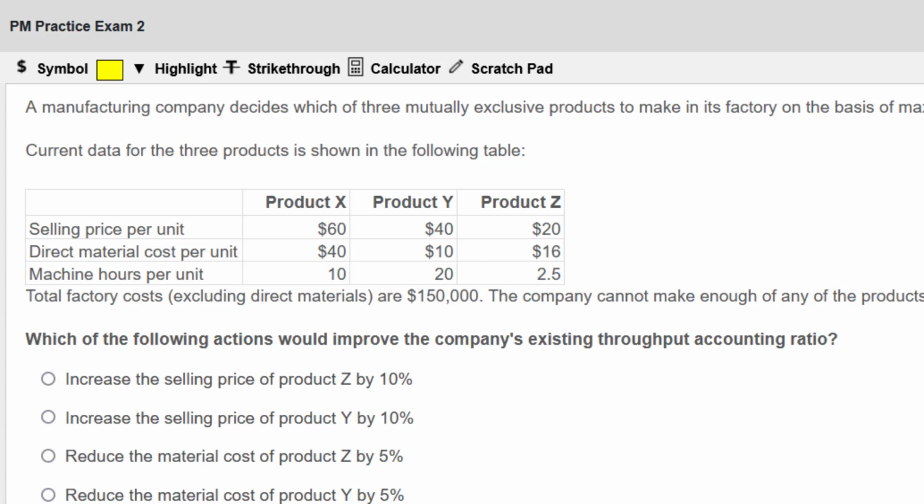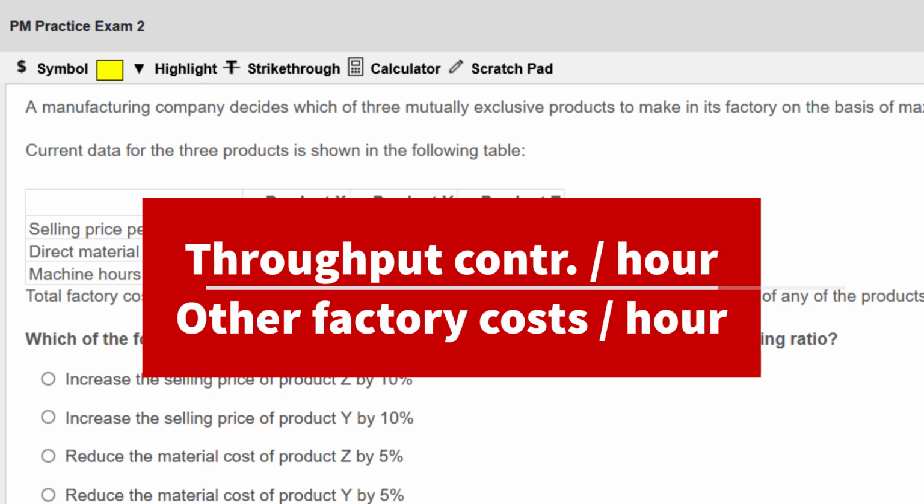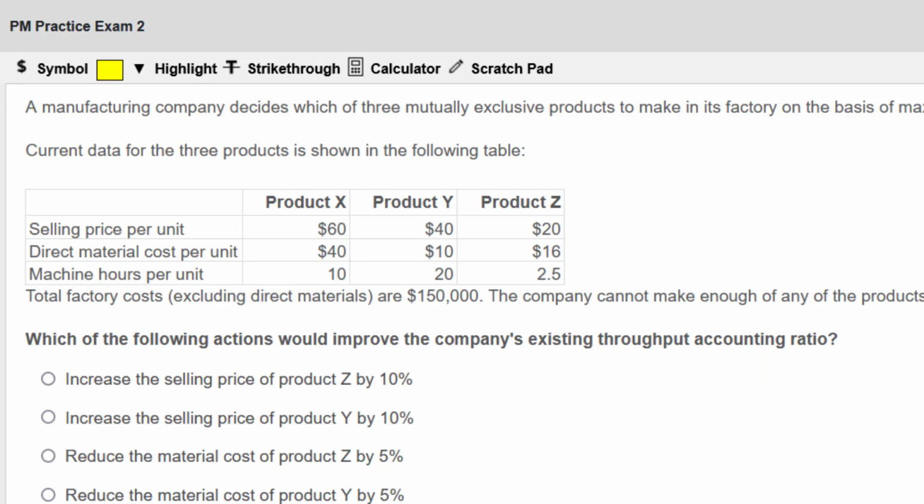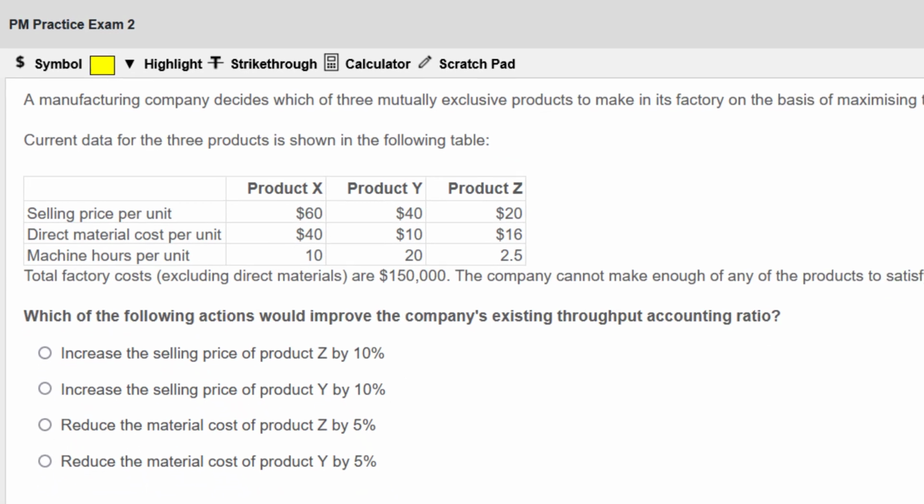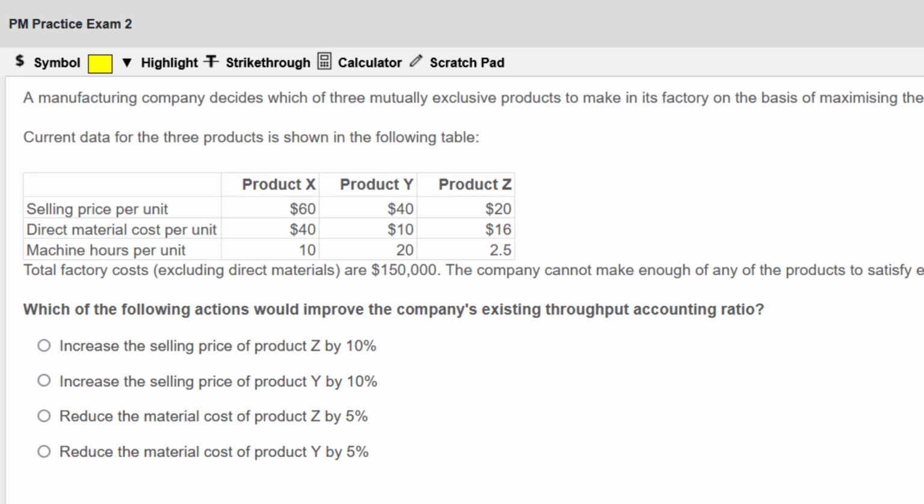And we know that it's throughput contribution per hour over other factory costs per hour. Now that we know the formula, the only way to improve that would be to increase the numerator or decrease the denominator. And now I can check out the answers.